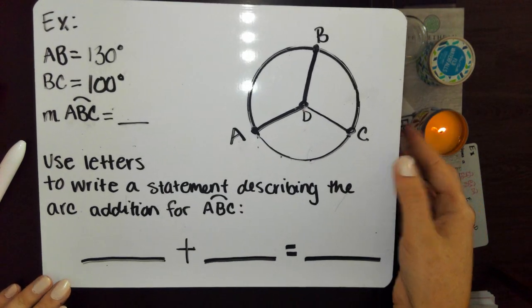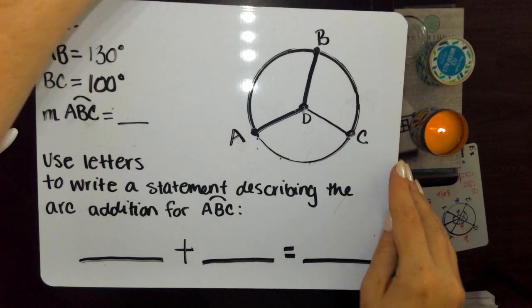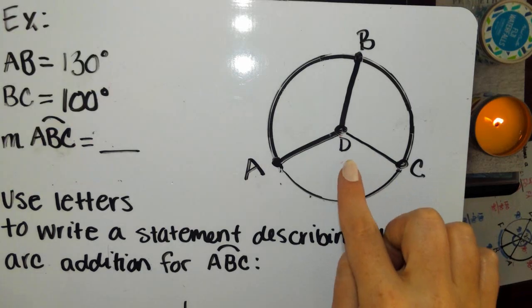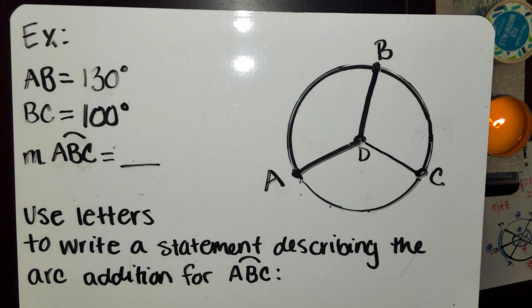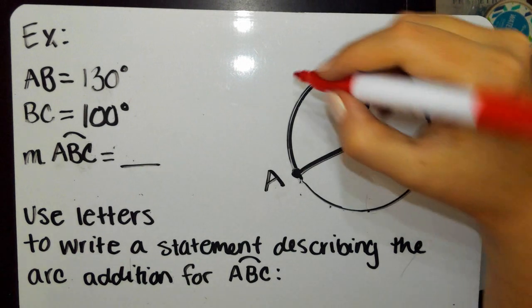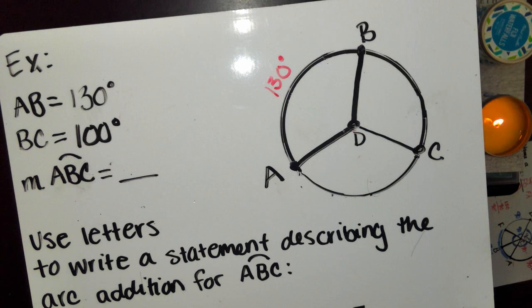Here's another example. This time around, we have a circle where our center of the circle is at this point D. This time, we're told that arc AB is 130 degrees. Actually, this did not notate properly.